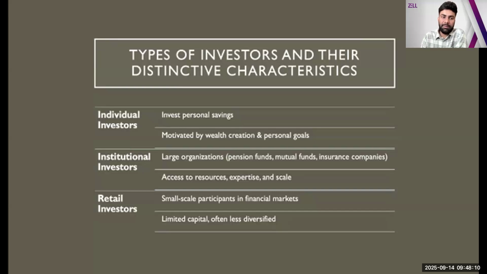How are you going to differentiate between individual and retail investors? Do we fall in the category of retail investors or individual investors? We fall in the category of retail investors.